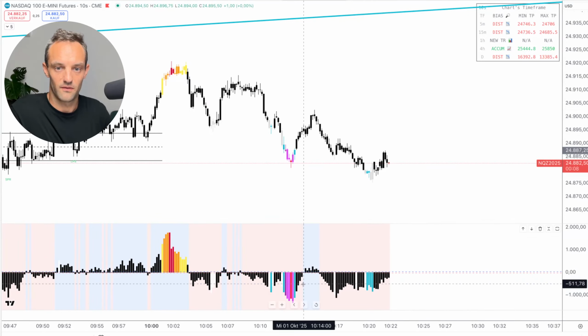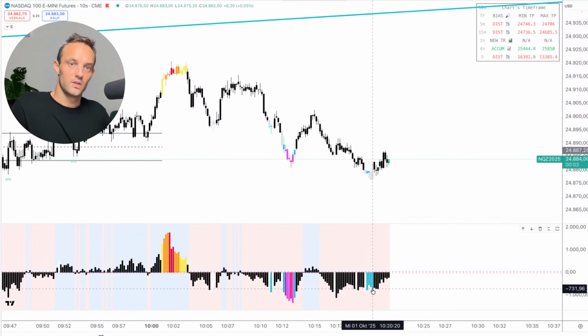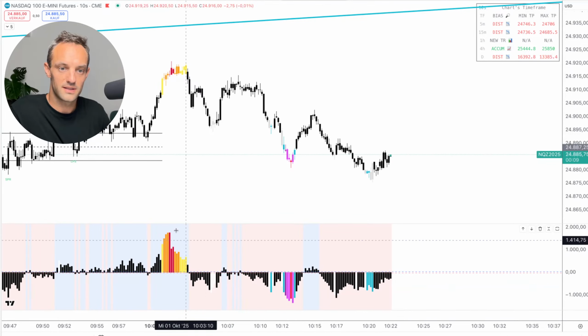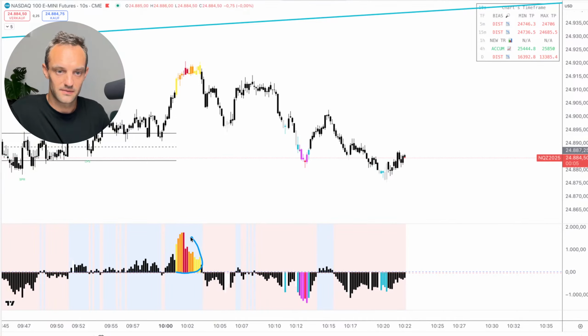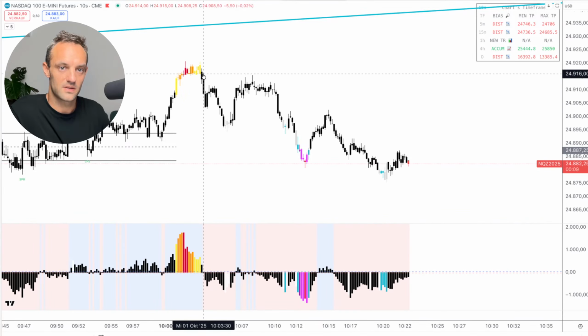It's not a very good entry opportunity because the reversal sign is very strong if you see something like this. If you see colorful candles, and then the zone from bullish to bearish is changing immediately, like right after the colorful candles, then it's a stronger sign for a reversal.